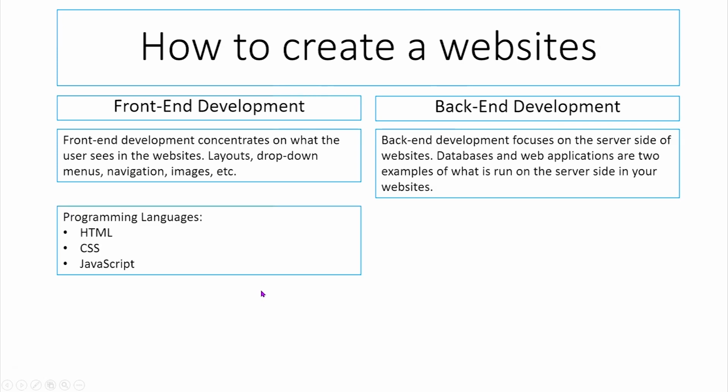On front-end development, you'll be using HTML, which is basically the content of your web page. CSS is used for the styling, so if you want to have it look fancy, you'll be using CSS: font sizes, colours, background colours, size of images, etc. And then if you want to add some interaction to your web page, where somebody clicks something and it does something else, then you use JavaScript, which is a very powerful language.